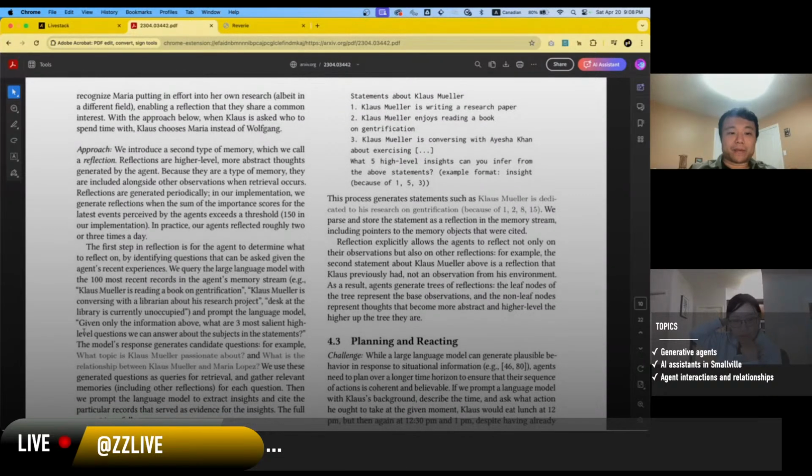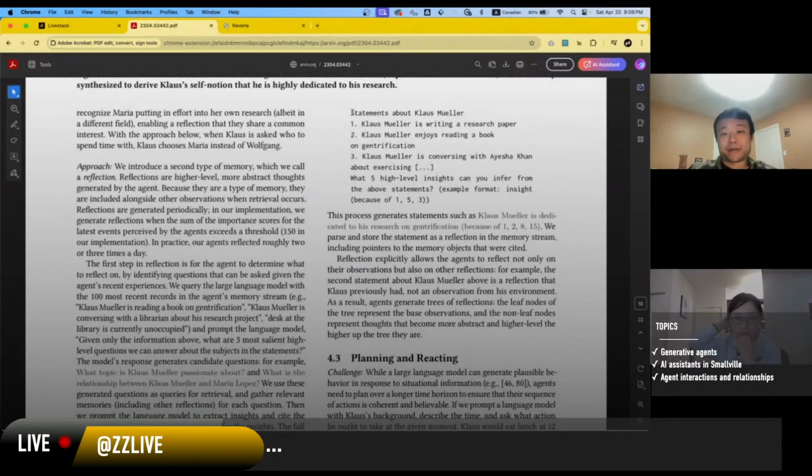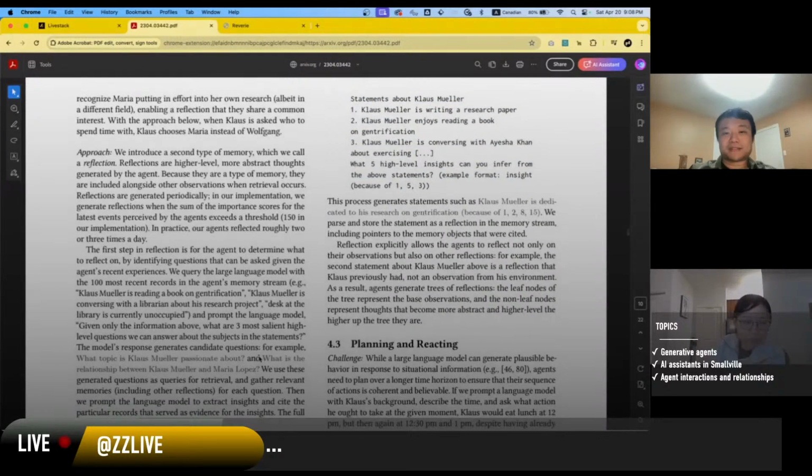Wait. What I don't get is whether the information above consists only of history, or history plus insights. The questions are generated based on history, and then once you have the right questions to ask, that's when you can generate insights. But in the prompt here, there's no question. We use these generated questions as queries for retrieval and gather relevant memories. Then we prompt the language model to extract insights.